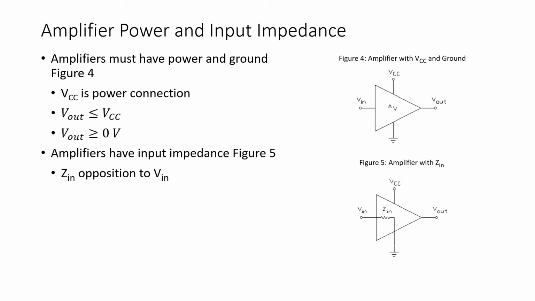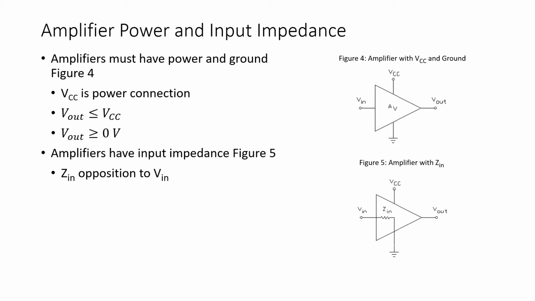Now, with amplifiers, we always have to have some source of power, and that's to power the transistors, and some path to ground, as we see in Figure 4. VCC is denoted as the positive voltage connection for the amplifier, and of course the ground is simply ground.